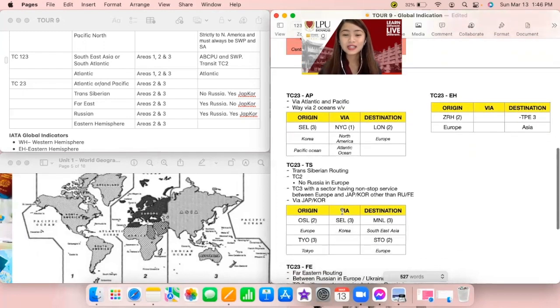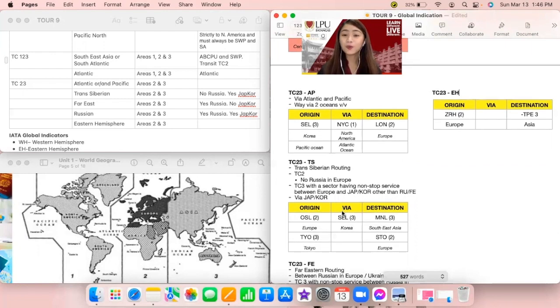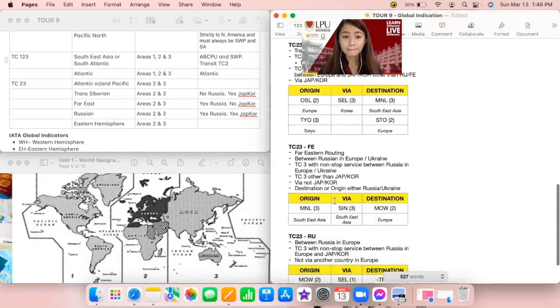So, for TZ23 Trans-Siberian Routing, yan. Dito naman, no Russia. Wala kang pupuntahang Russia, pero pwede ka mag-transit sa Japcore. Okay? Basta ang destination mo pa din naman ay 2 at 3 or 3 at 2. And then, for TZ23FE, ito naman, pwede ka mag-Russia, pero bawal ka mag-transit sa Japcore.